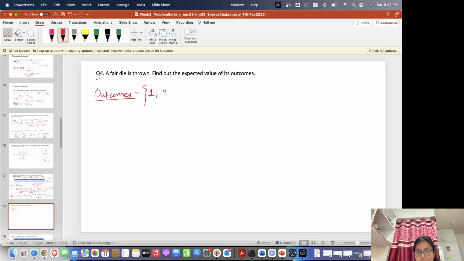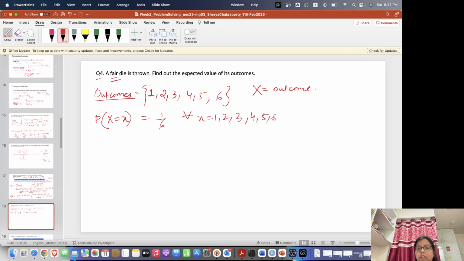Yes, 1, 2, 3, 4, 5, 6. So this is the outcome. And probability of x associated with any of these is 1/6 because it's a fair die, for all x equal to 1, 2, 3, 4, 5, 6.